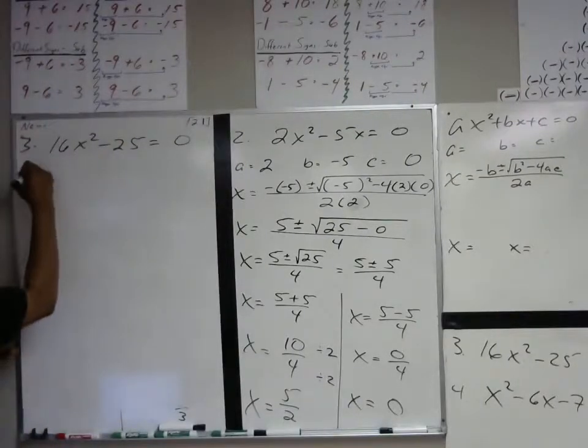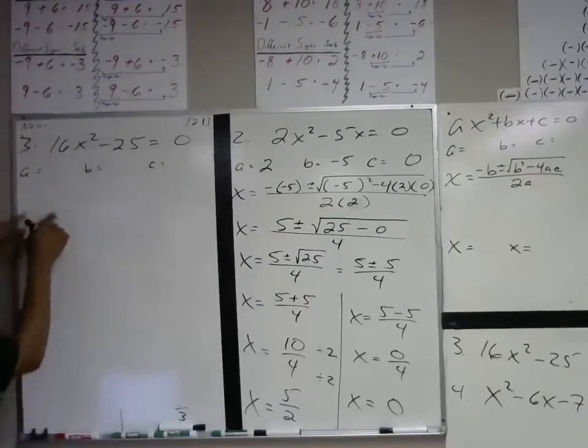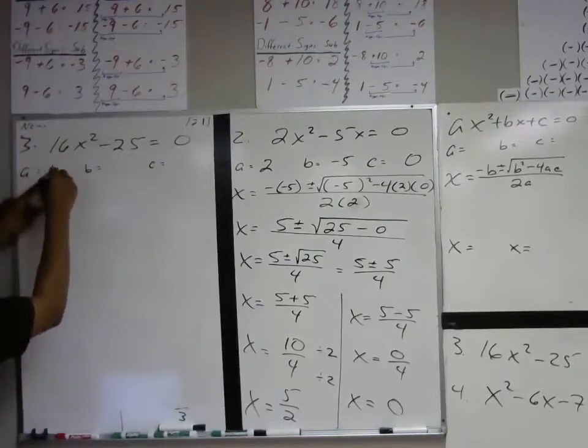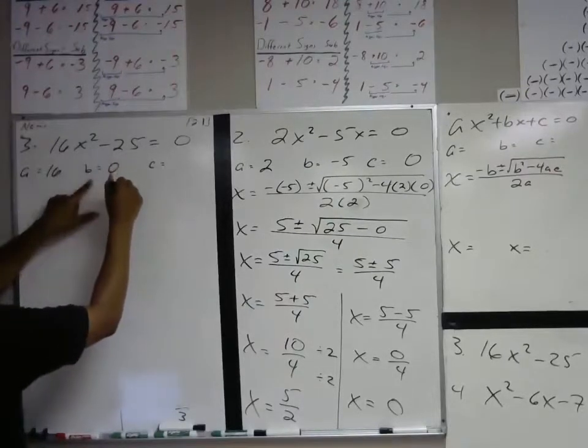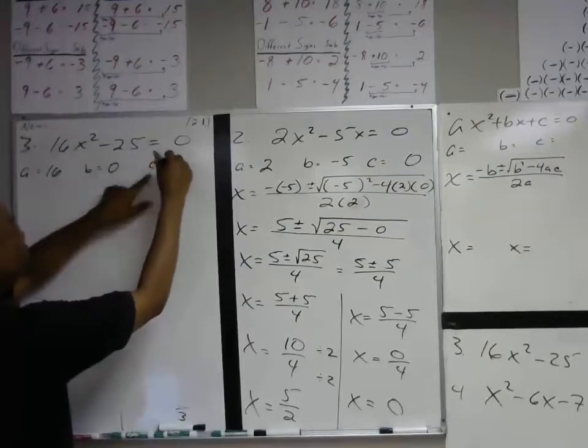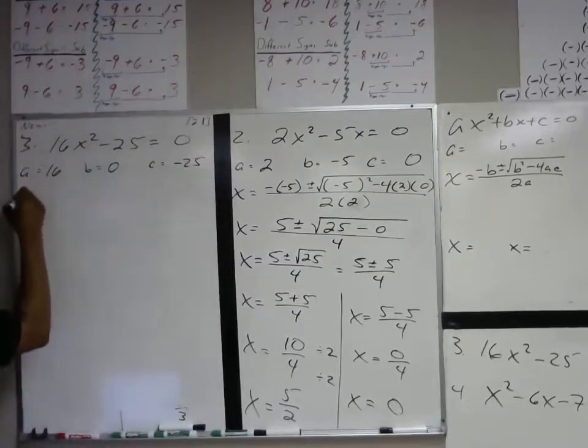Number 3, we're going to identify our a, our b, and our c. The a will be the 16. The b, which belongs on x, which is not present, is 0. And c is the constant, negative 25. We have our a, b, and c.